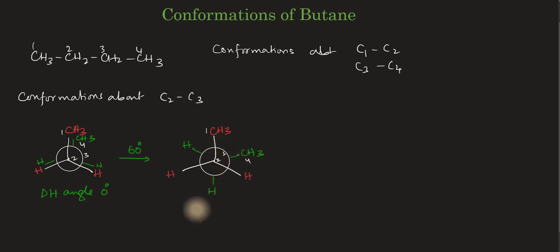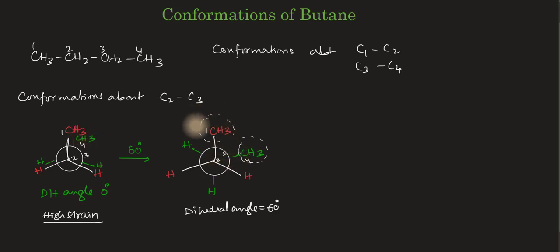Now the dihedral angle is 60 degrees. So basically the repulsion between the bond pair electrons of the C1 C2 bond and the C3 C4 bond is torsional strain, and steric strain or van der Waals strain is actually due to the non-bonded atoms and their electron pairs.